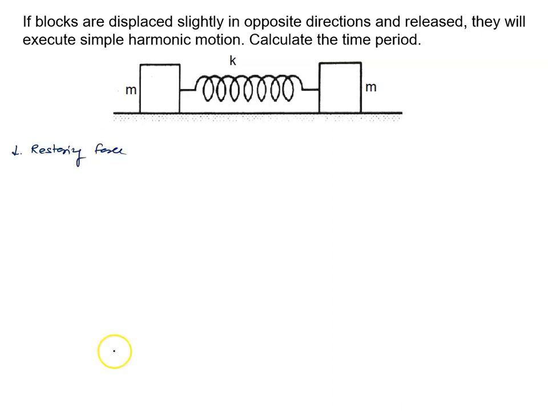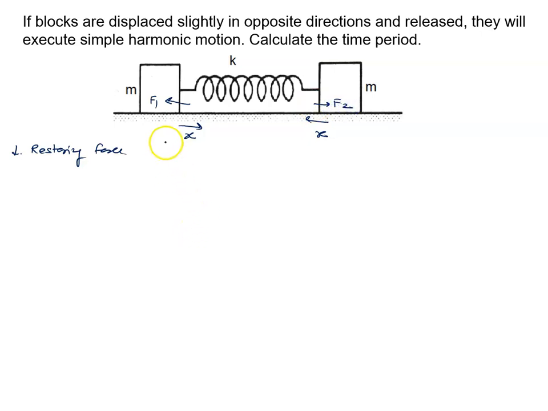In the restoring force method, suppose this block moves a distance x toward this side, and this block also moves a distance x. Then the restoring force acting on this block is F1 toward this side, and on this block the restoring force F2 will act toward this side.